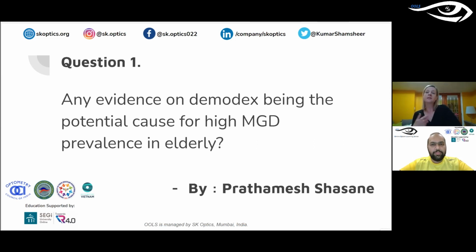So Demodex can, with the way that they excrete and burst on the surface, set up local inflammation around the eyelid. MGD, we know, sets up inflammation. So I think they're interrelated. I'm not sure that I've seen evidence to specifically say Demodex can cause MGD in those elderly patients, but you're going to see both together.